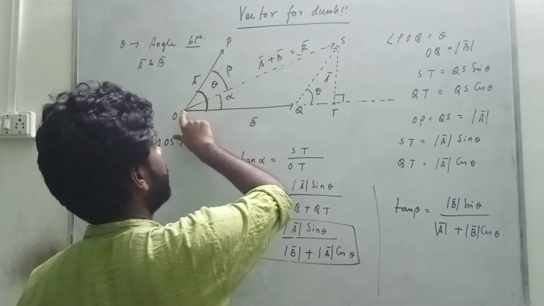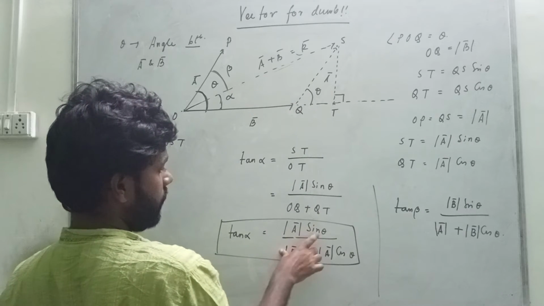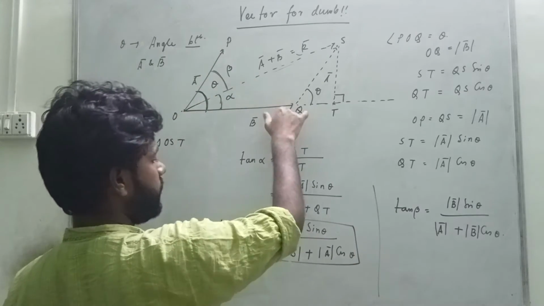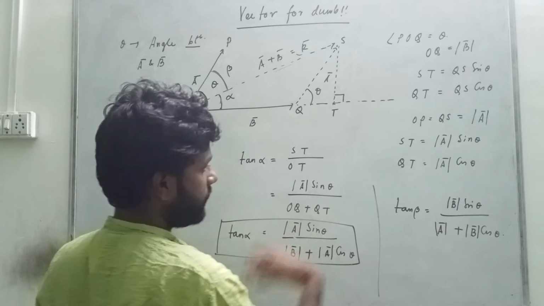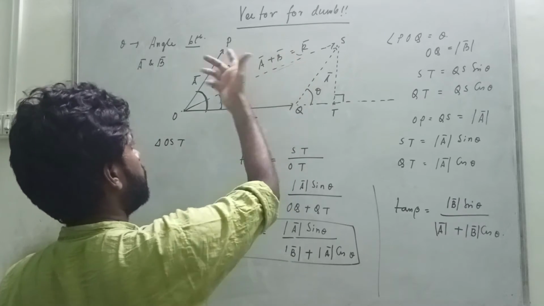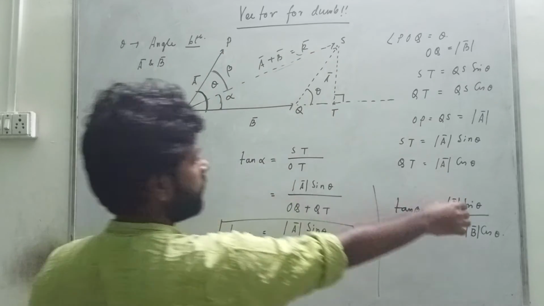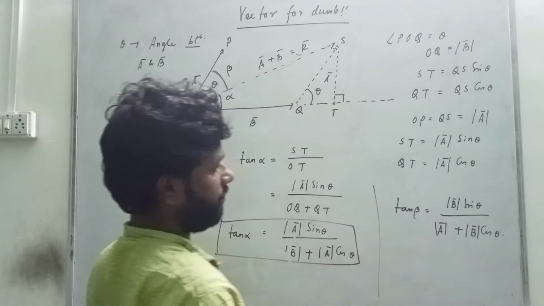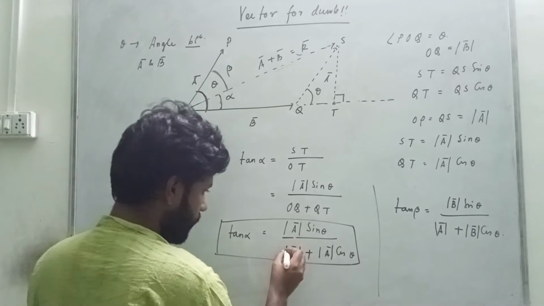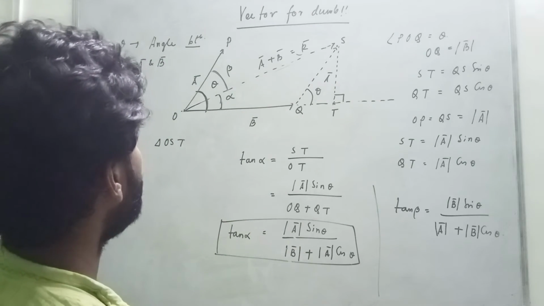Alpha is the angle between A plus B and B. The B goes to null, and theta is the angle between A plus B, goes with A. Similarly, if I calculate the angle between A and A plus B, obviously A goes to null here, and then with the angle of B here, B sin theta by B cos theta, right? So it is the angle between A plus B with B and A.